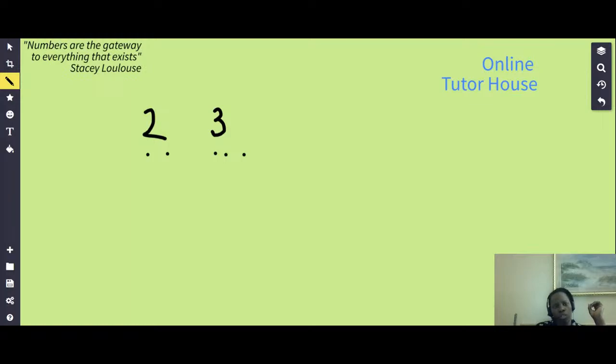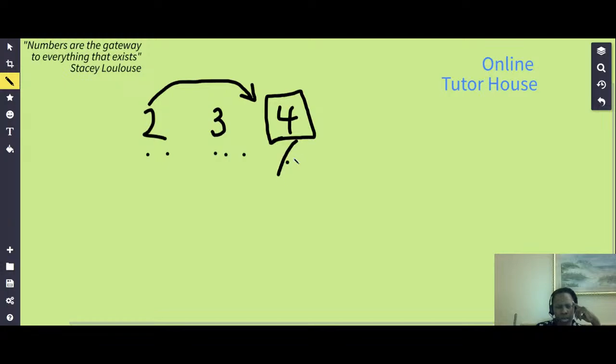So when we multiply 2, if we double 2, we get 4. That's the next number. Okay. So 4 is a multiple of 2, right? So it's 2, excuse me, times 2.